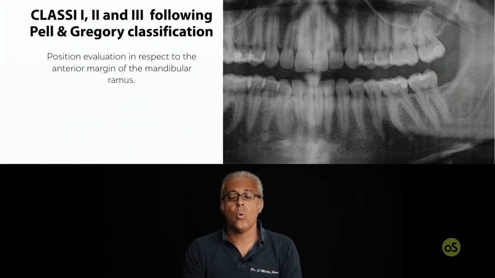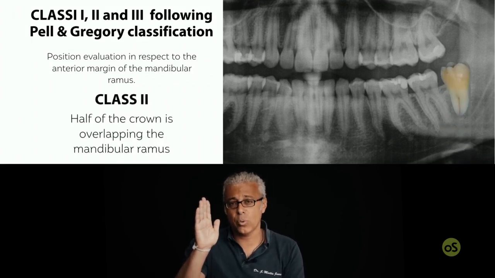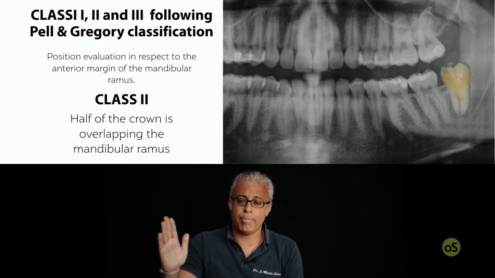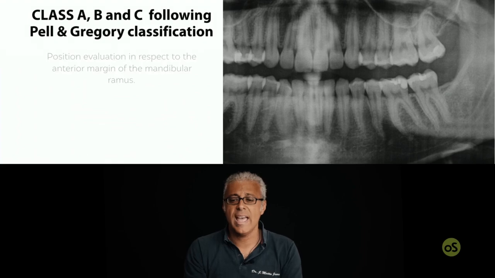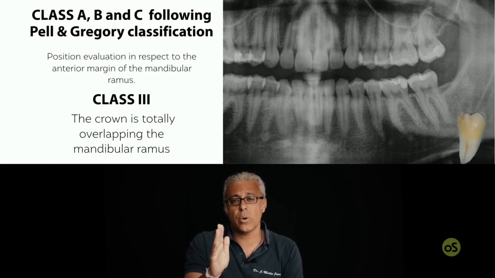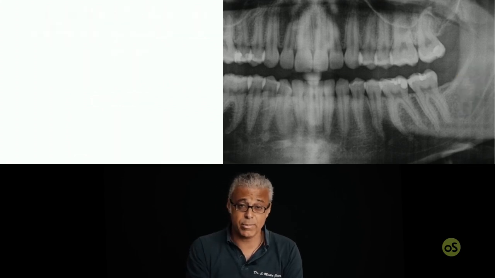Class 2, where the tooth is positioned with part of the crown posterior to the ramus and part of it anterior to the ramus. And class 3, which is the most complicated case, where the tooth is completely inside the ramus.